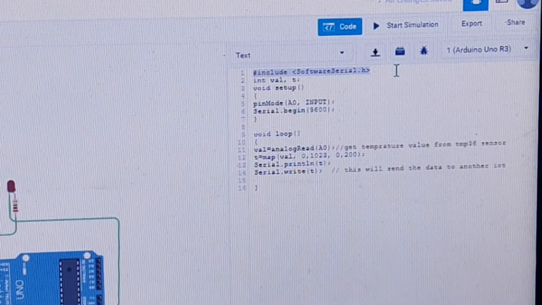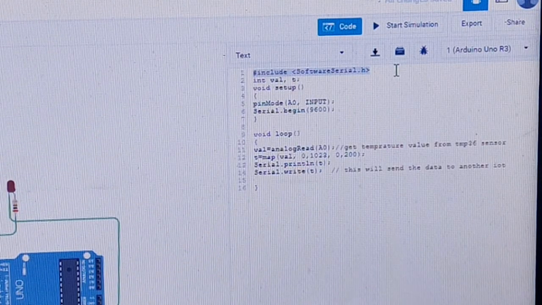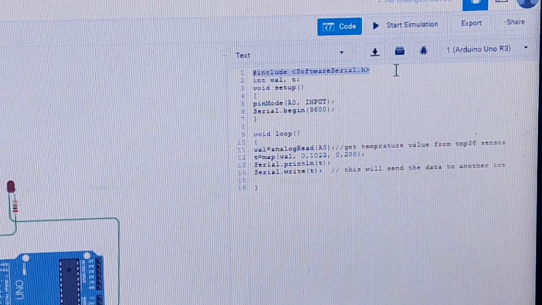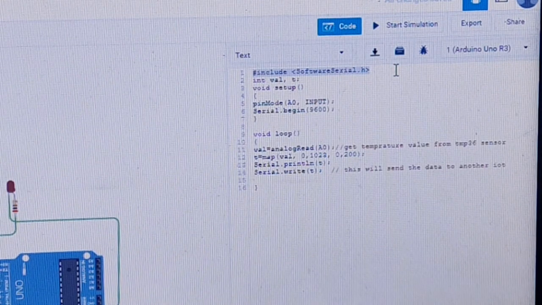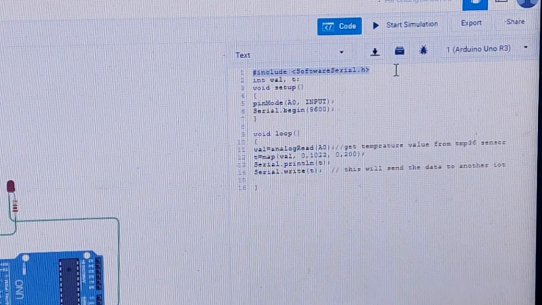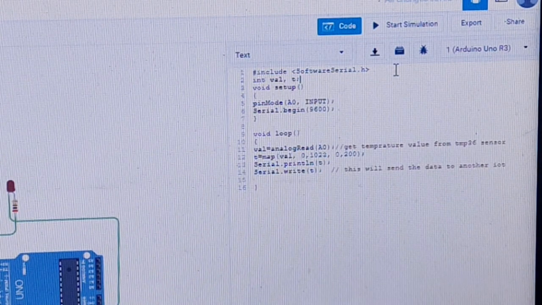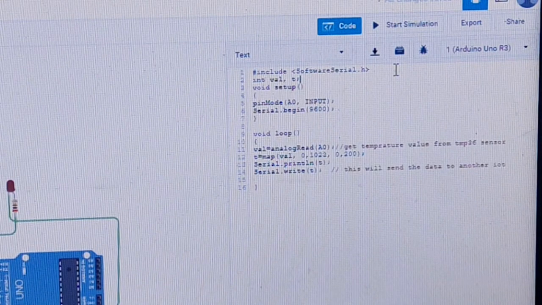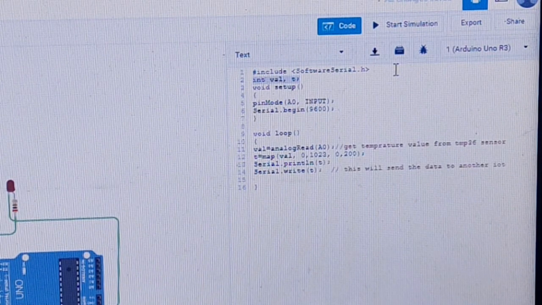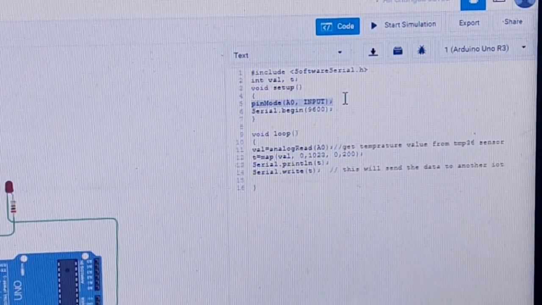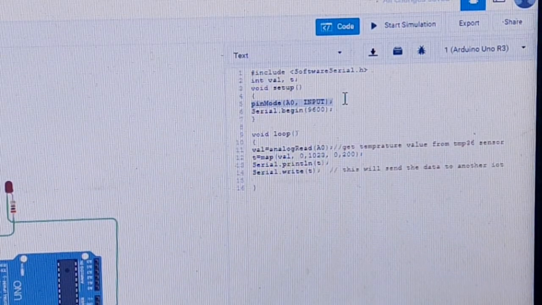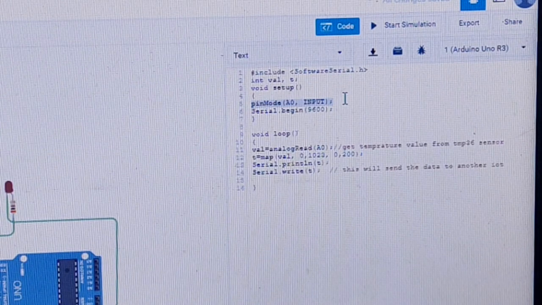For the first Arduino, SoftwareSerial is a header file for serial communication, which has #include SoftwareSerial.h. In this code, two variables are used, val and t. Analog pin A0 is used for input and that value is stored in variable val.